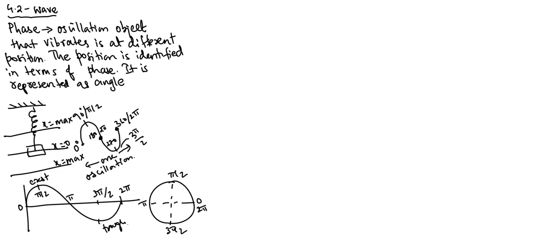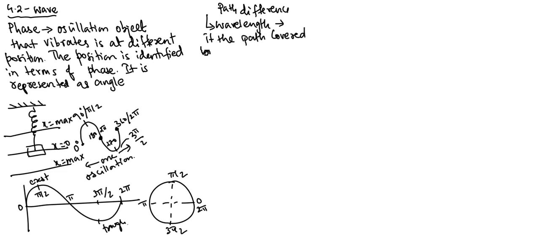Now let us discuss path difference. We discussed a term called wavelength, and we also understood that it is the path covered by a traveling wave in one oscillation.